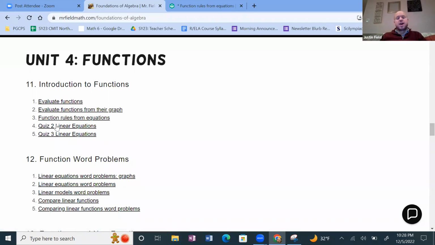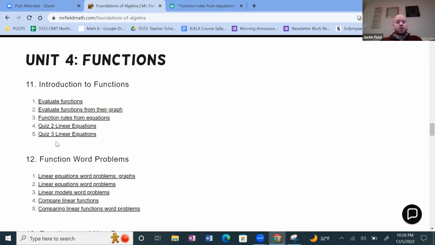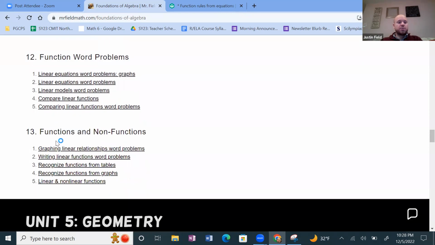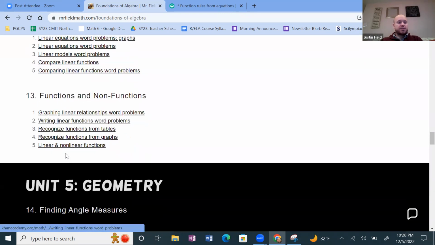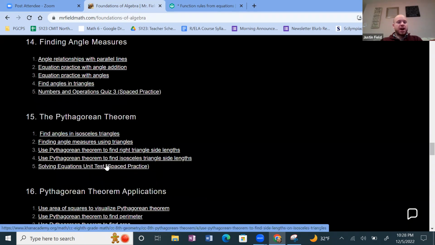And then after that, we're going to do a couple quizzes on linear functions, which is the slopes and the y-intercepts, linear equations that you already know. But at this point in the course, what we want to do is keep adding assessments. There's another one, spaced practice, and there's a unit test in there.